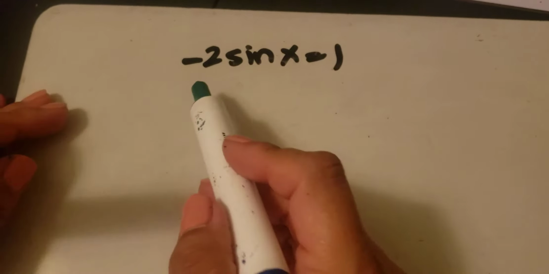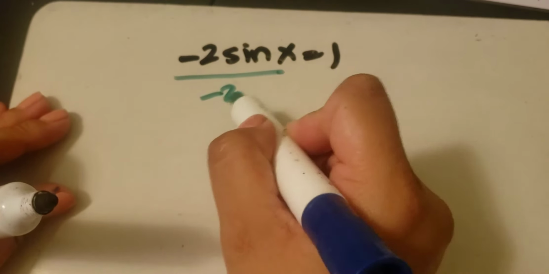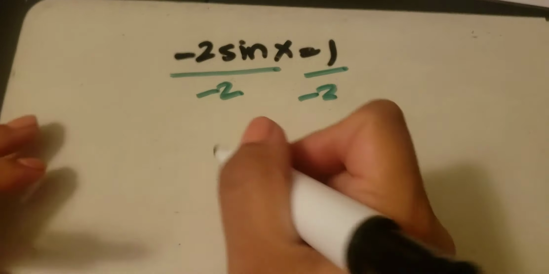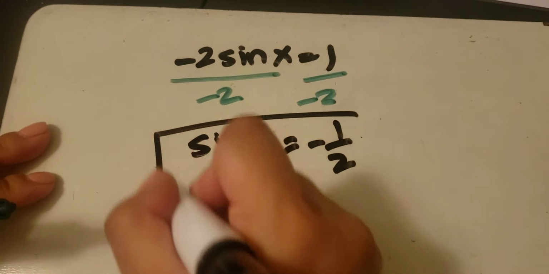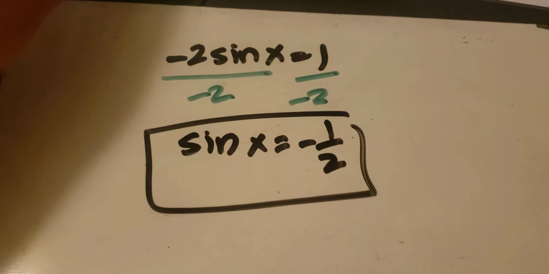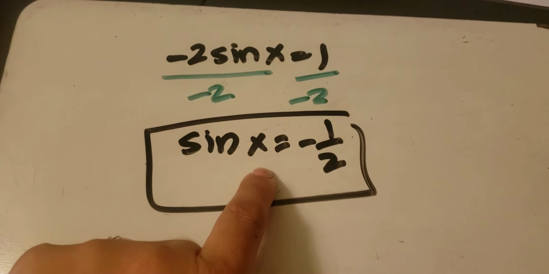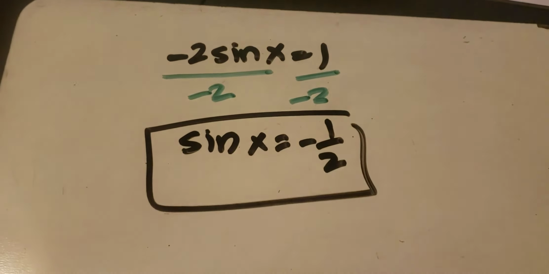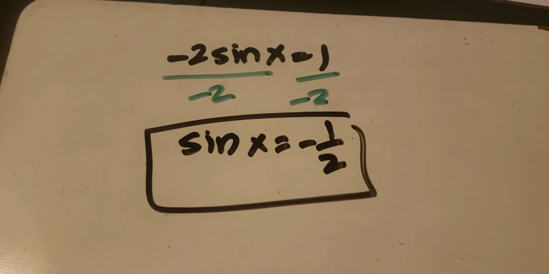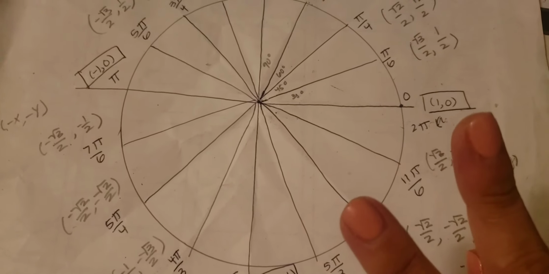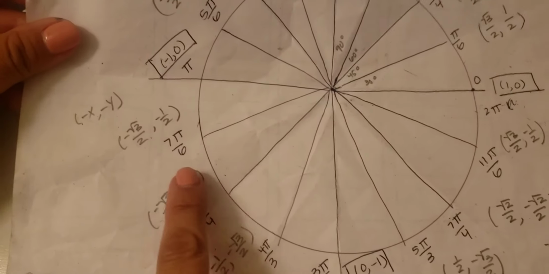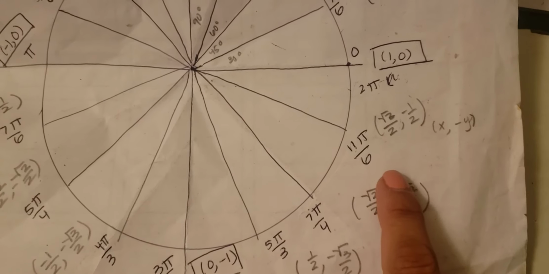We are going to isolate the trig function by dividing both sides by negative 2, and then we're left with sine of x equals negative 1/2. To solve for it, we have to figure out what angle gives us negative 1/2 for sine. You can just take a look at your unit circle, and that'll happen at two places: it occurs at 7 pi over 6, and it occurs at 11 pi over 6.